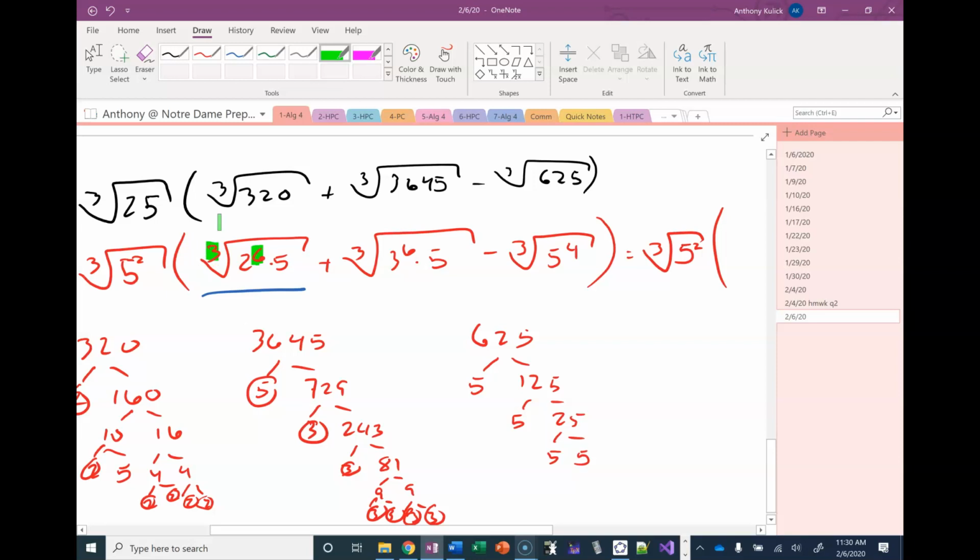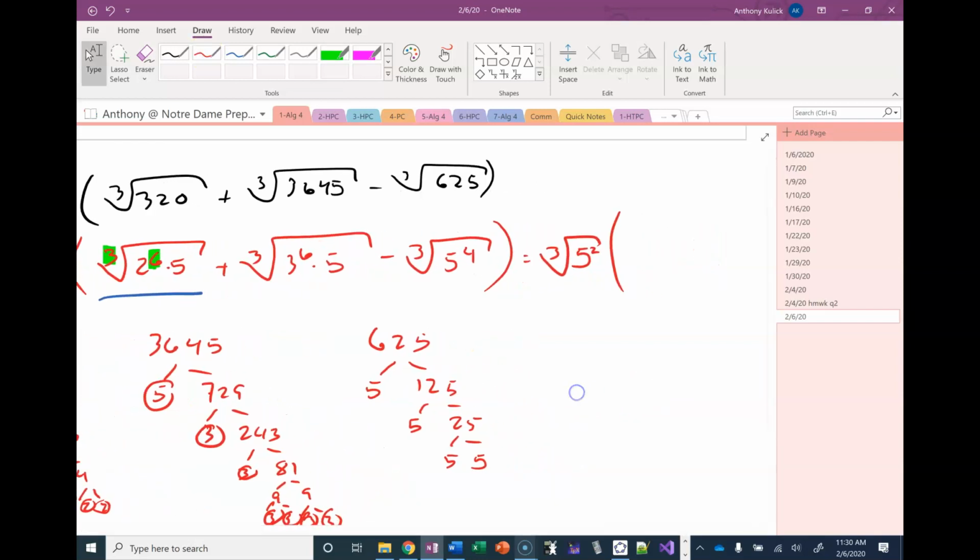The number of times that 3, the index, goes into 6, the exponent, is 2 exactly, with no leftovers. So I can take 2 2's out, and I have just this cube root of 5 left.